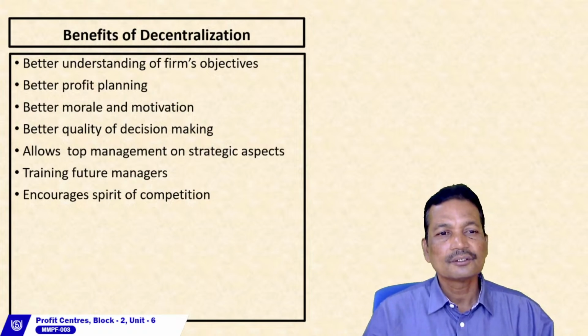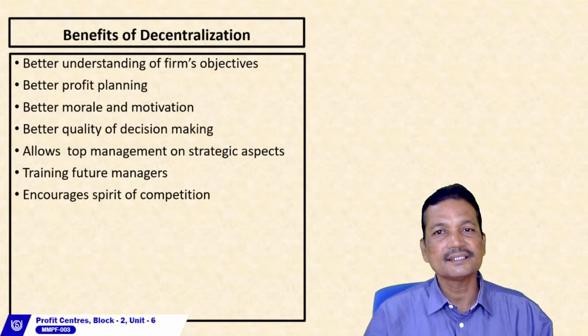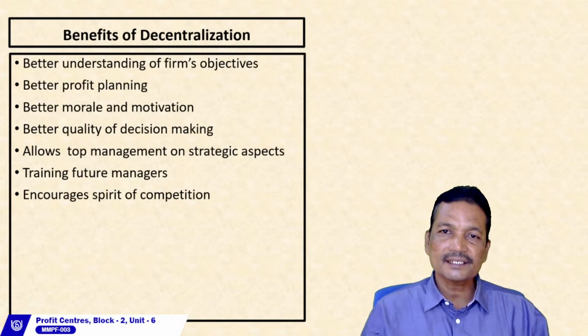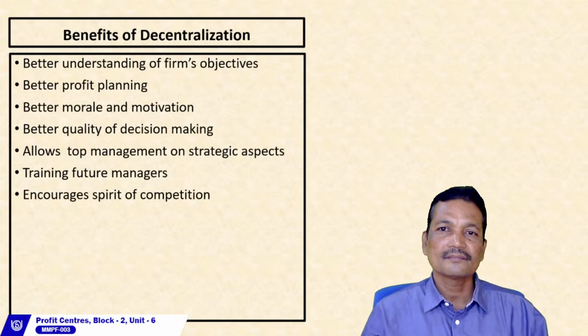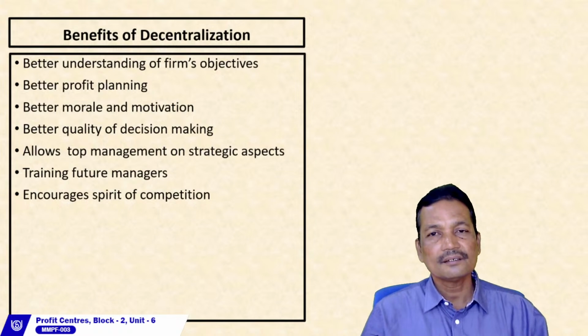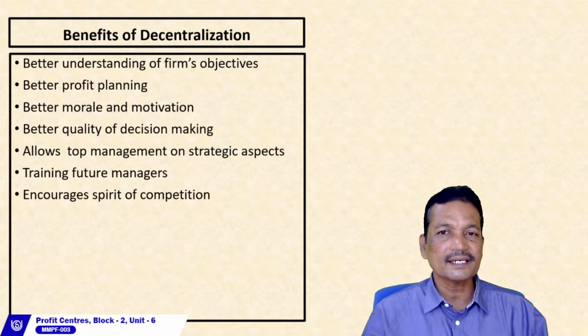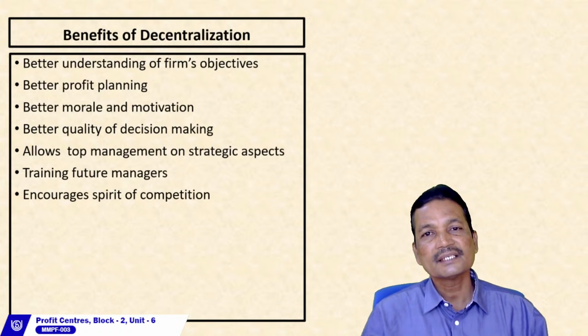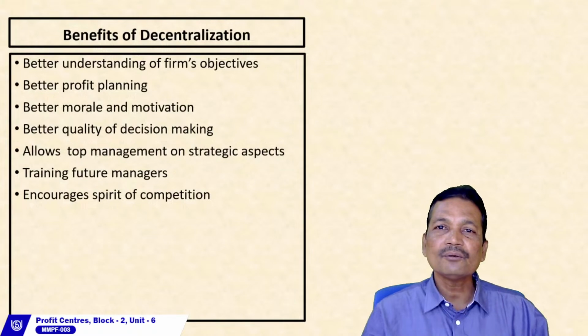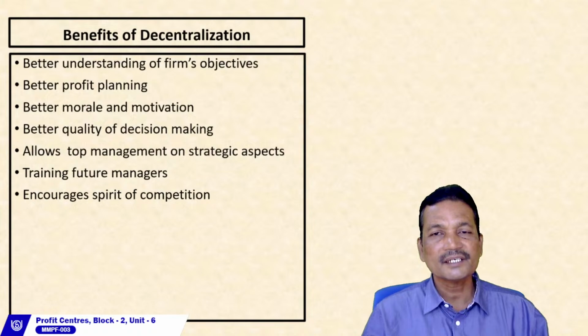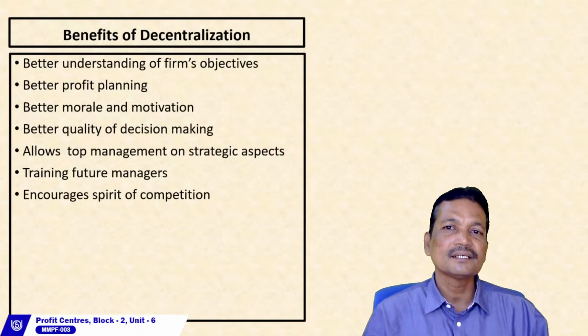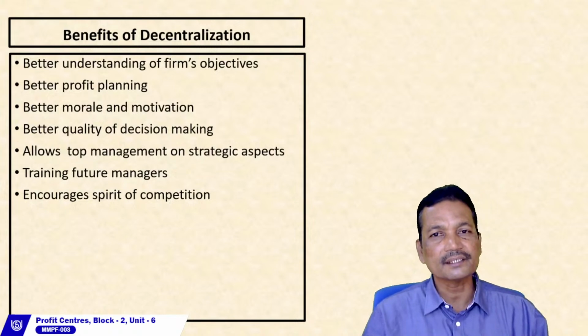This allows top management to focus on strategic aspects. Now, if an organization is decentralized and the decision making is given to the various divisions regarding the profit generation, then the management now does not have to worry about that part, because divisional managers or the profit center managers are there to think about it.